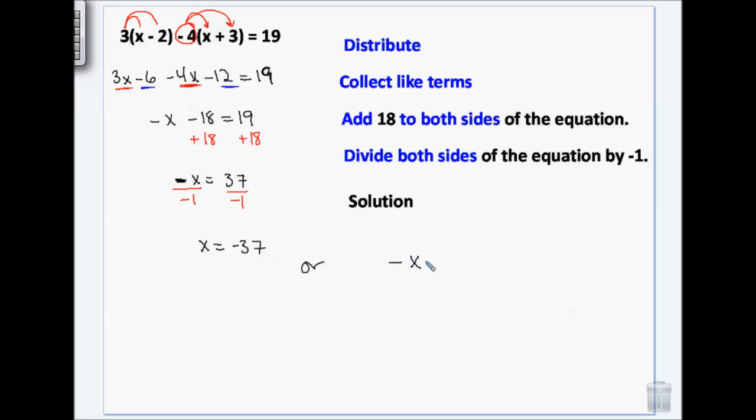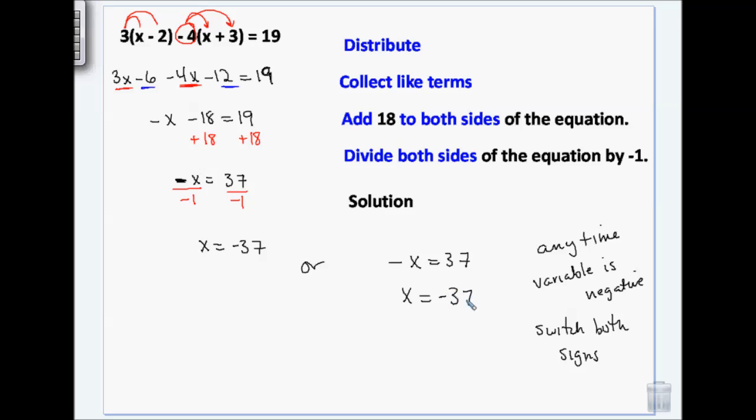Or, anytime you have a negative variable by itself, you switch both signs. So negative x equals 37 means x equals negative 37. You just switch both signs.